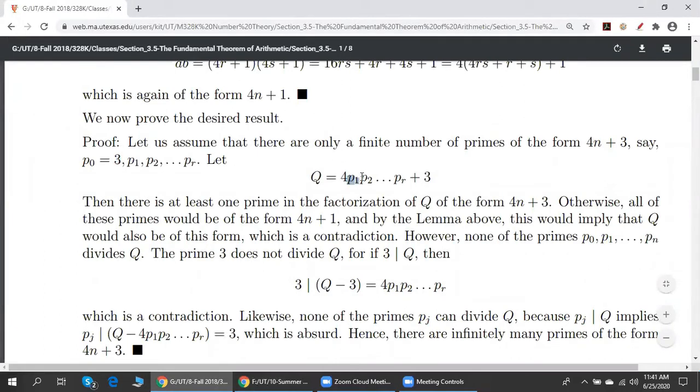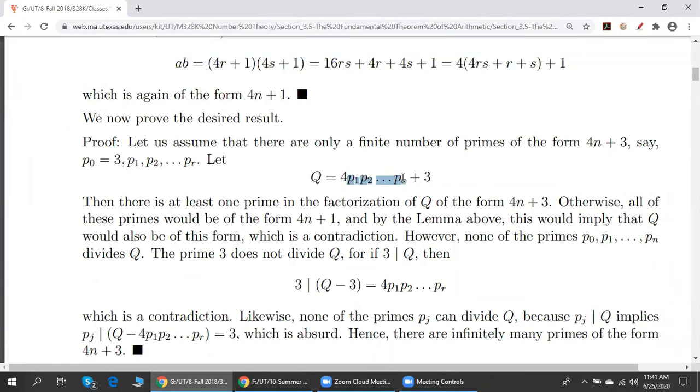So over here we start from P1. This is the second prime number of the form 4n plus 3. Then we multiply these by 4, and then we do not add 1 here. We add the first prime number of the form 4n plus 3.